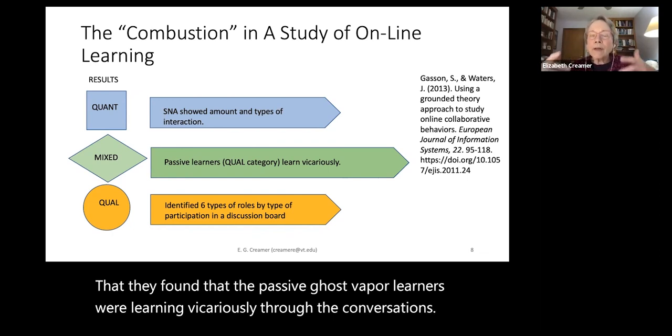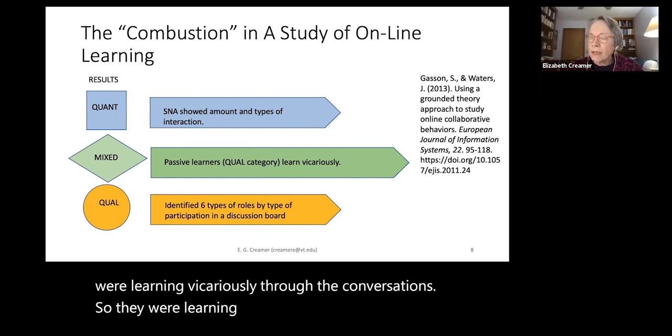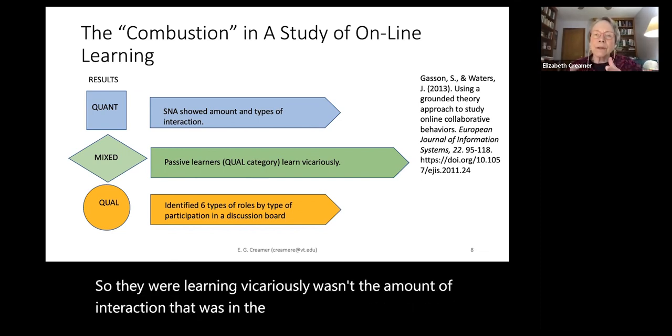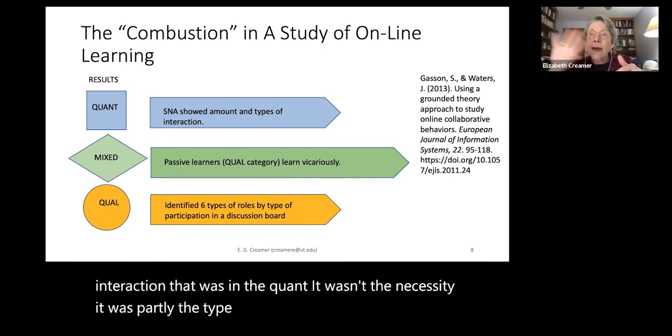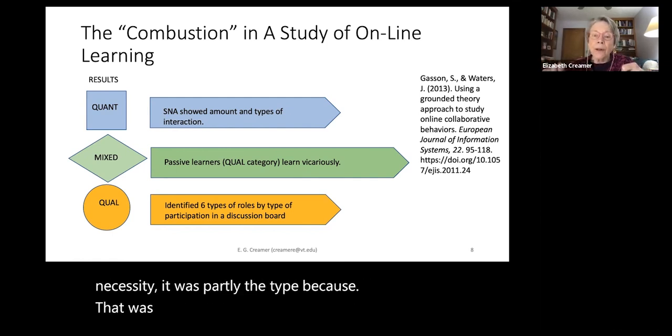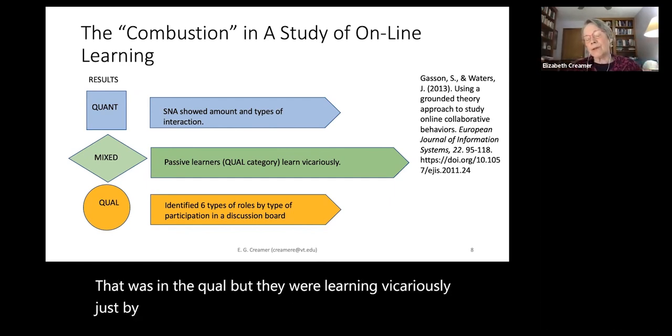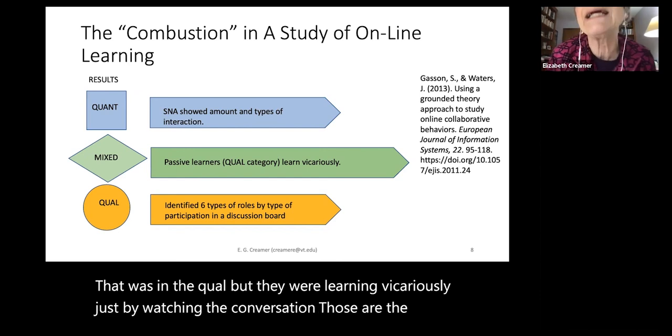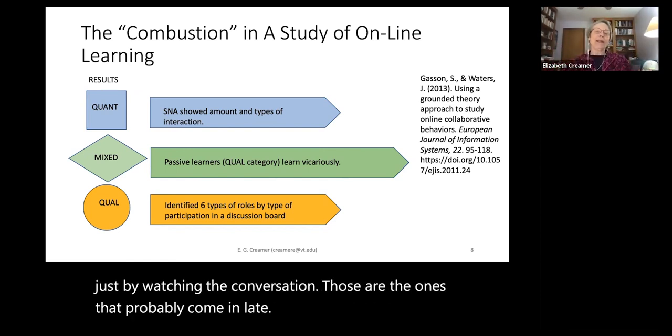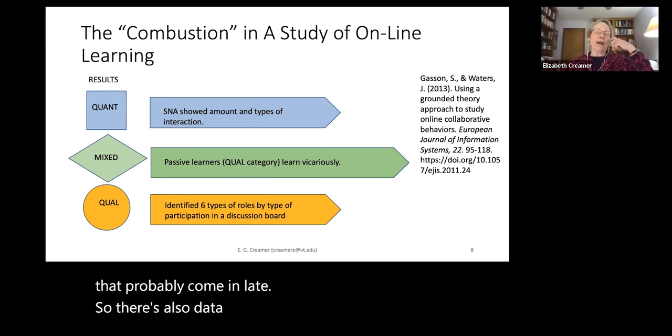It wasn't the amount of interaction that was in the quant. It was partly the type, because that was in the qual, but they were learning vicariously just by watching the conversation. Those are the ones that probably come in late. So there's also data about how far into the conversation the people come in.